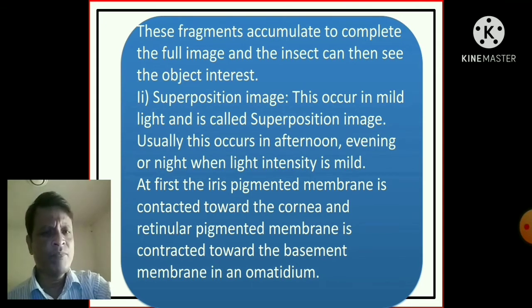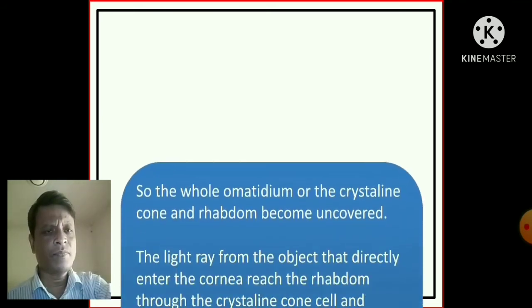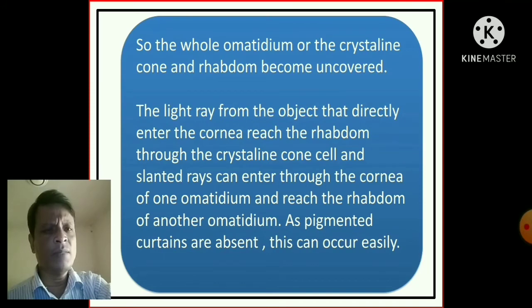Superposition image. This occurs in mild light, and it is called the superposition image. Usually this occurs in the afternoon, evening, or night when light intensity is mild. At first, the iris pigmented membrane is contracted toward the cornea, and the reticular pigmented membrane is contracted toward the basement membrane in the ommatidium. So the whole ommatidium, the crystalline cone and rhabdom, becomes uncovered.